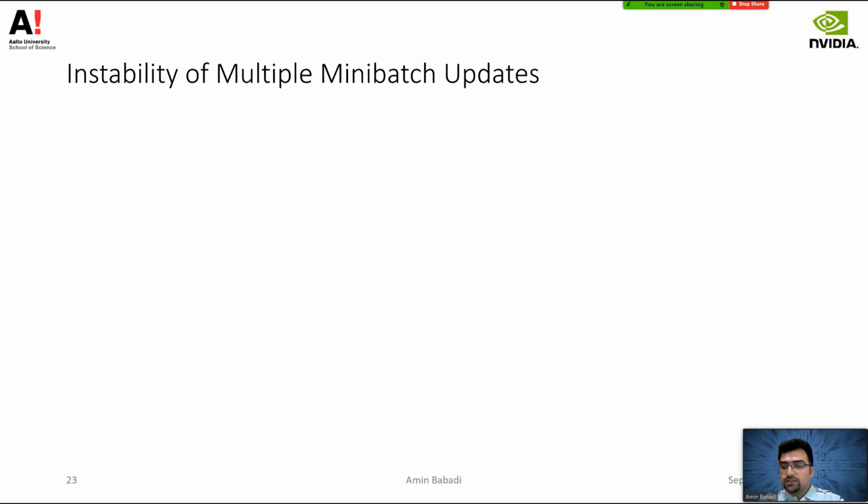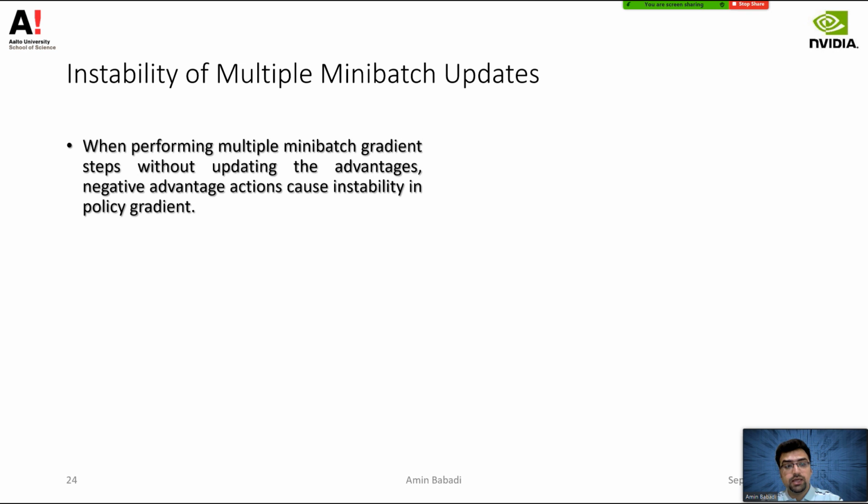But as I said, there is a caveat to the PPO algorithm that I will try to explain here. The first one is instability of multiple mini-batch updates, and it's that when we perform multiple mini-batch gradient updates without updating the advantage values, we realized that policy gradient can become unstable because of the negative advantage actions.